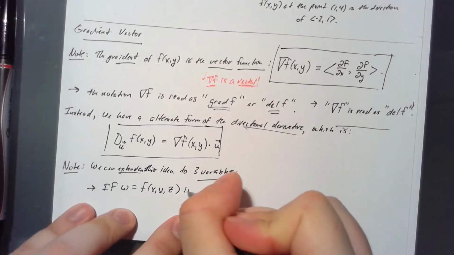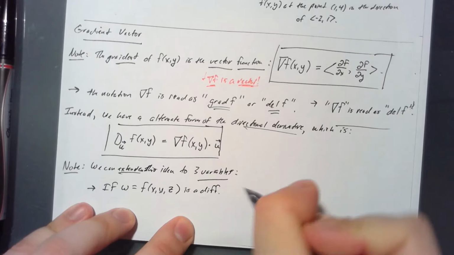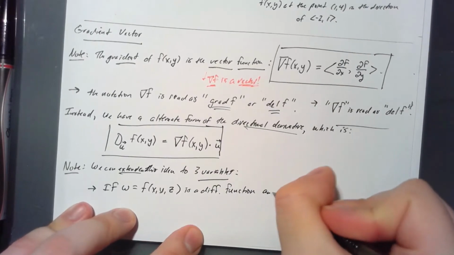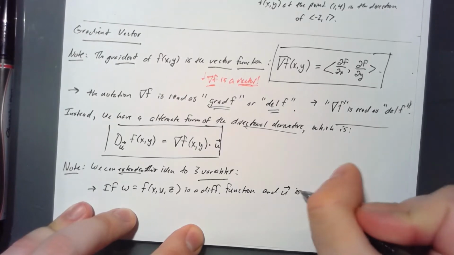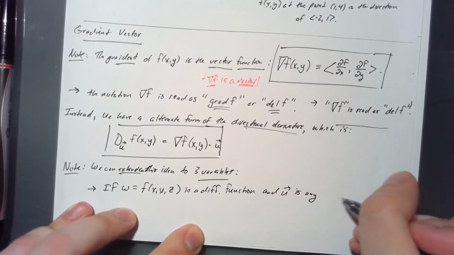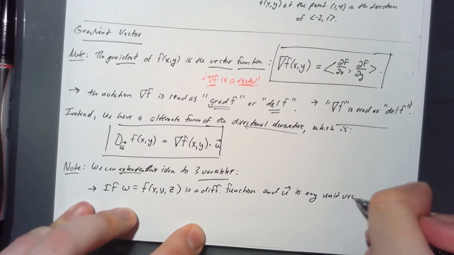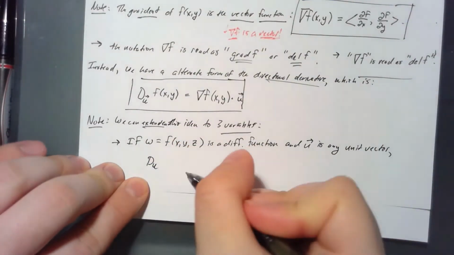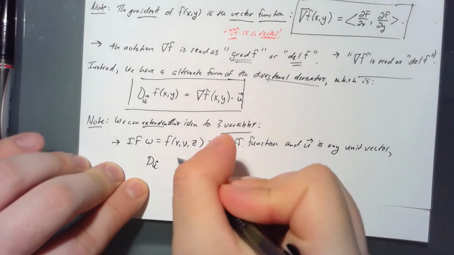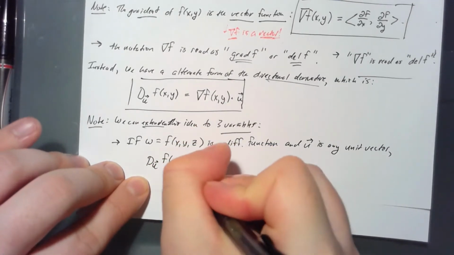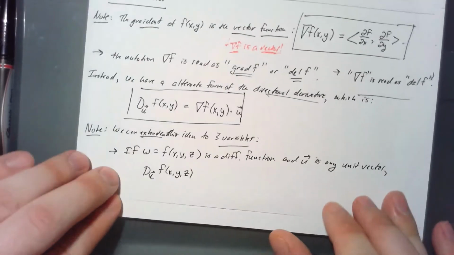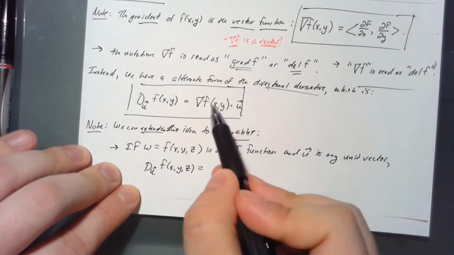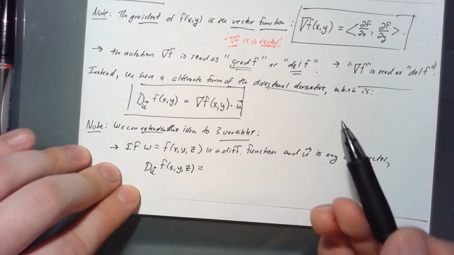If that is a differentiable function, and u is any unit vector, well, we have the directional derivative in the direction of u of a given function at a particular point. It's not hard. You just tack on an extra coordinate. You tack on the z coordinate.